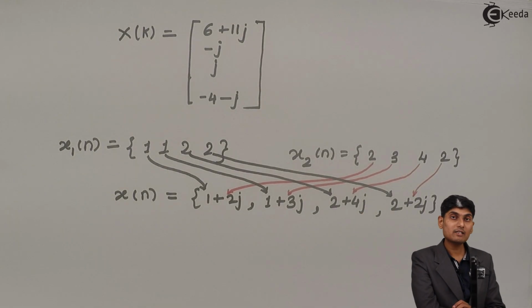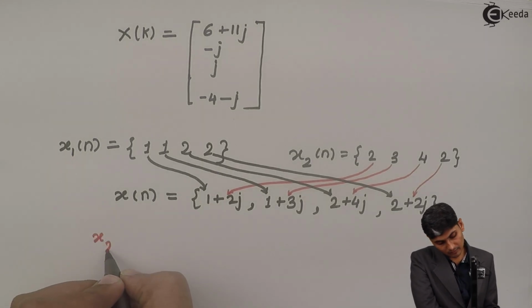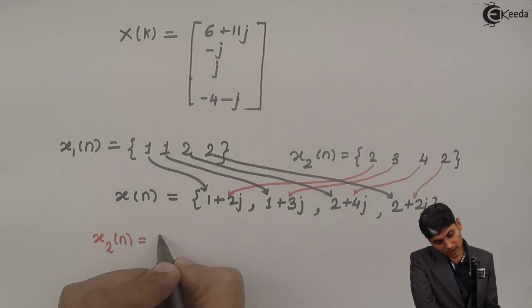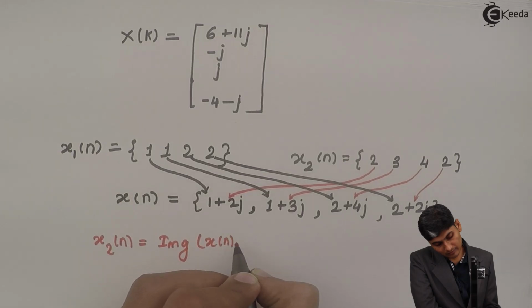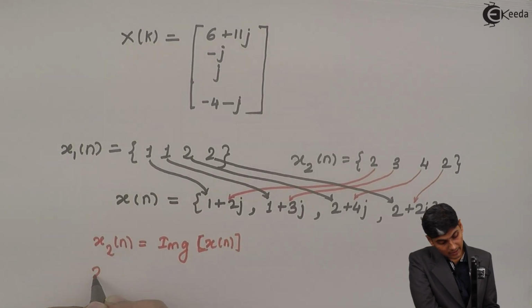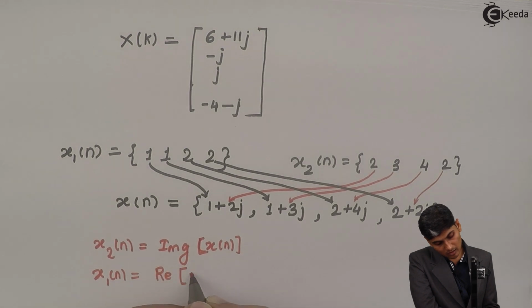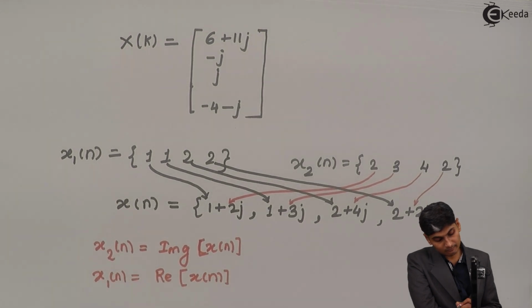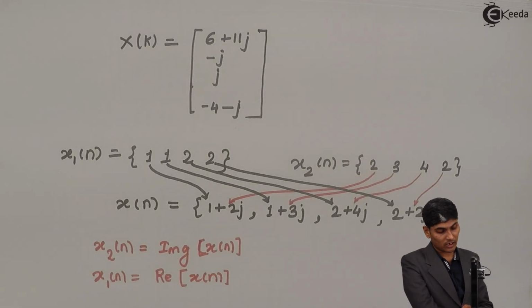Right, so we can say that x2 of n is nothing but the imaginary part of x of n, and x1 of n is the real part of x of n.